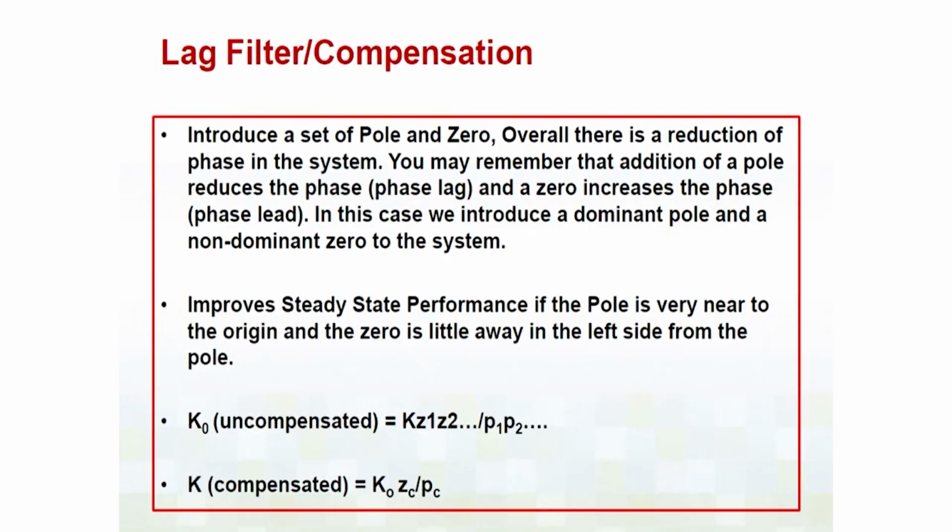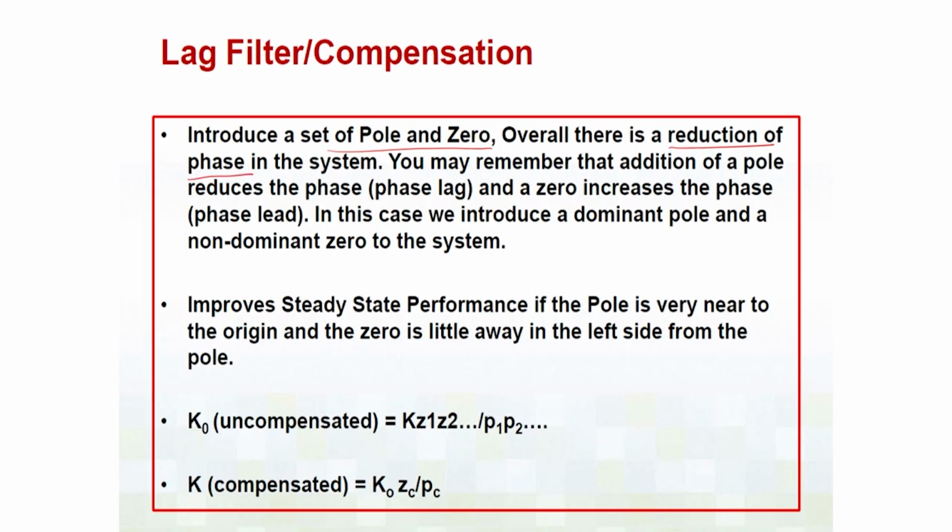In the case of lag compensation design, we will be introducing a set of pole and zero, just one extra pole and one extra zero. Overall, there has to be a reduction of phase in the system, which is why it is called lag.